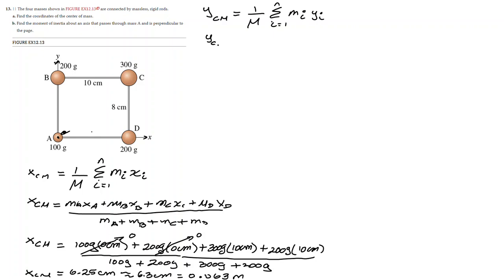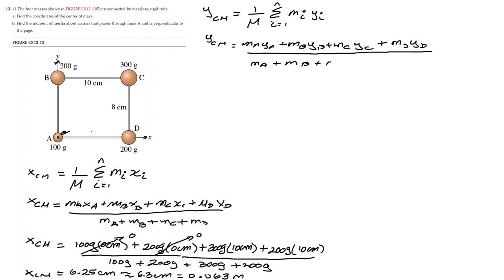So the y of the center of mass would be mass A times y sub A plus mass B times y sub B plus mass C times y sub C plus mass D times y sub D, right? All this divided by mass A plus mass B plus mass C plus mass D.